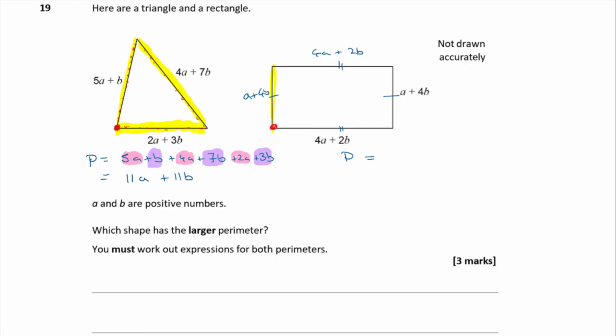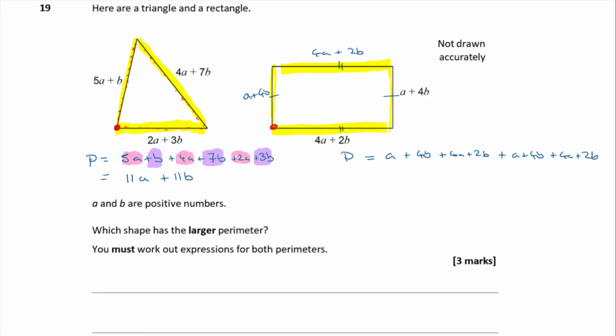So the perimeter is going to be a plus 4b, then plus 4a plus 2b, and then plus a plus 4b again, and then finally 4a plus 2b that takes me back to where I started from.